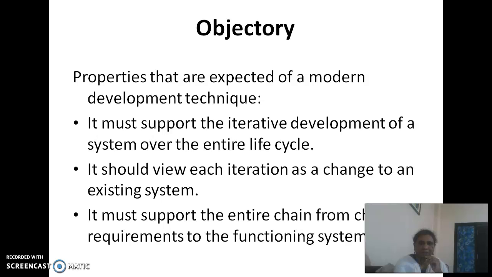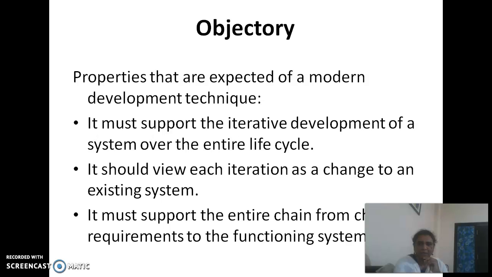Number two, it should view each iteration as a change to an existing system. So whatever changes come in from the user have to be accommodated, and each iteration has to be viewed as a change to the existing system.